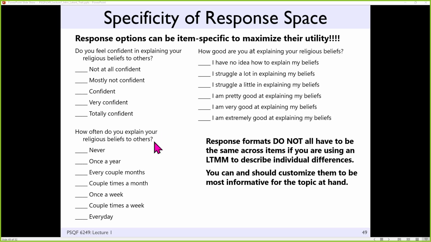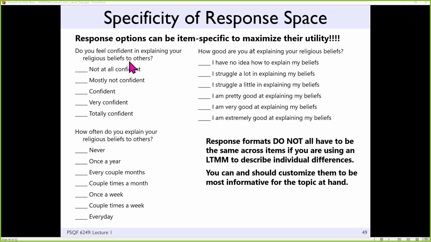So here's a couple examples of what I think are actually really good response formats. This is from one of my former students as well. This scale is measuring, I'm trying to remember exactly what the word was, but basically one's competence in describing their religious beliefs. It was a very narrow focus, but they had a reason that they wanted to measure that.